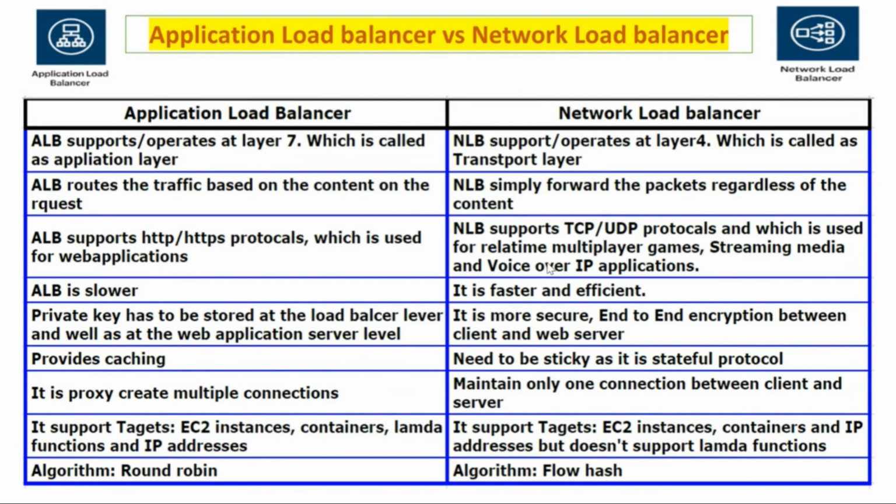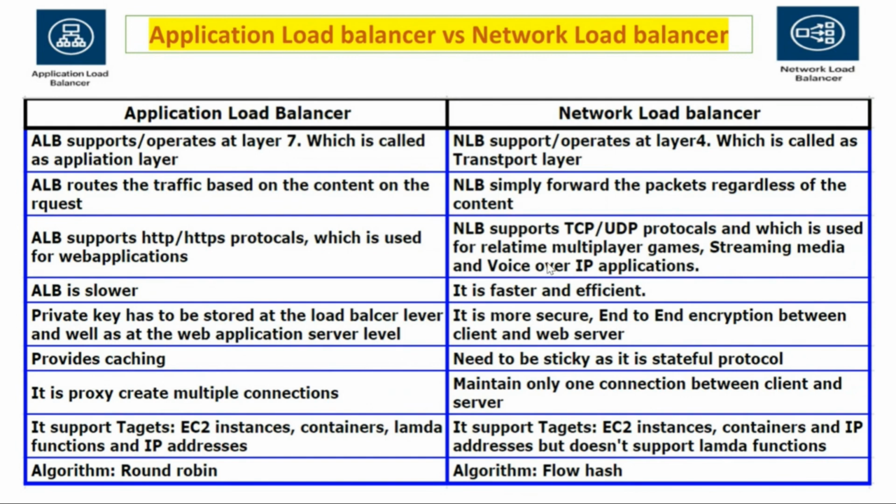Okay, since the application load balancer takes the data from the request or packet, it will decrypt and then read it. That is where we have to make sure that the private key is stored at the load balancer level, and if we need, we can also set it as part of the application level as well.